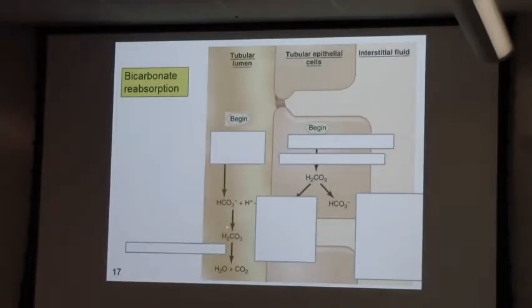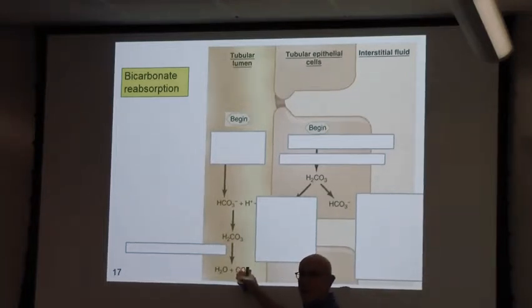Okay, let's follow this pathway. So here's bicarbonate. Here is, what is this? Carbonic anhydrase that is expressed on the apical membrane, and its active site is exposed to the tubular lumen, so it catalyzes this conversion of the bicarbonate that is in the tubular lumen.